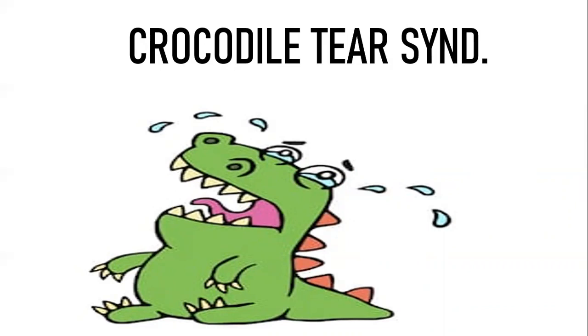So what is going to happen during eating? The parasympathetic fibers supplying your salivary glands are stimulated. At the same time, your fibers supplying the lacrimal gland are also stimulated. Hence there are going to be tears continuously while eating. So how will you write this?